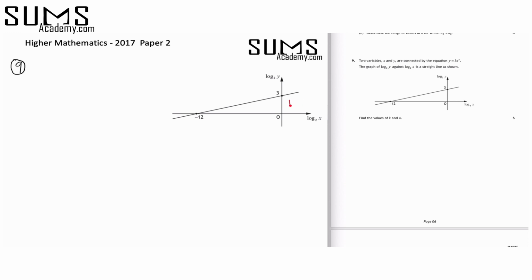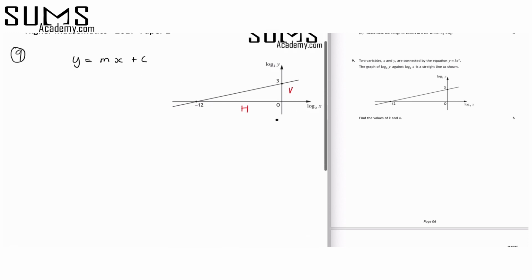The thing to notice here is you're going to have a straight line, and we already know an expression for the straight line. That's just y equals mx plus c. So what we need to do is figure out how we can get all the components we need from this equation.